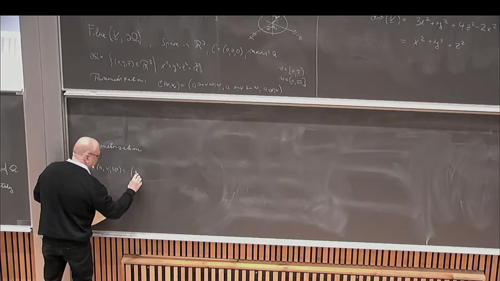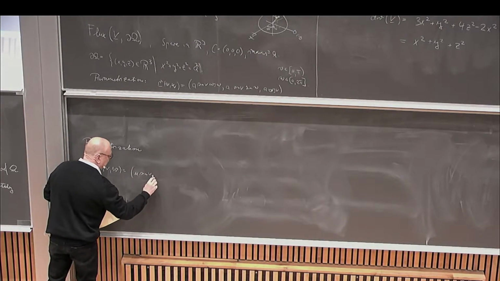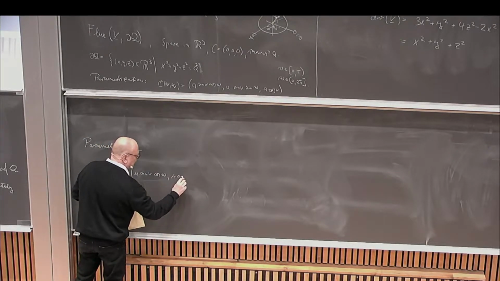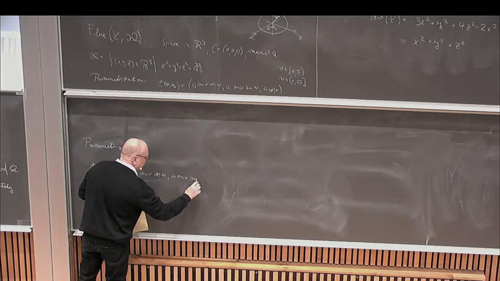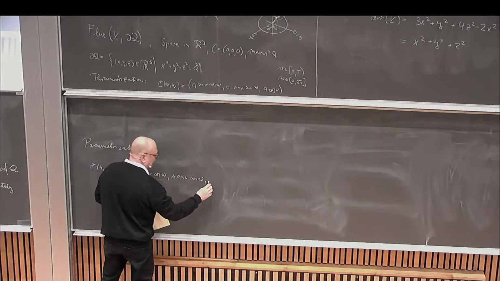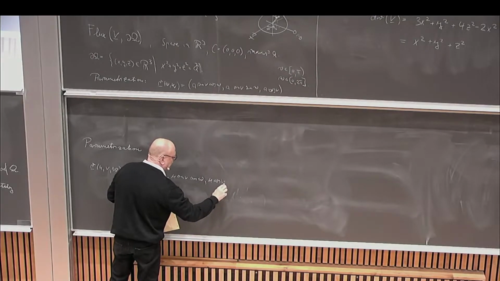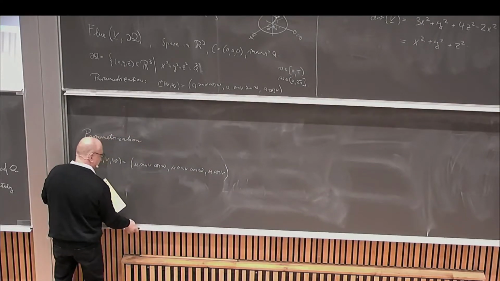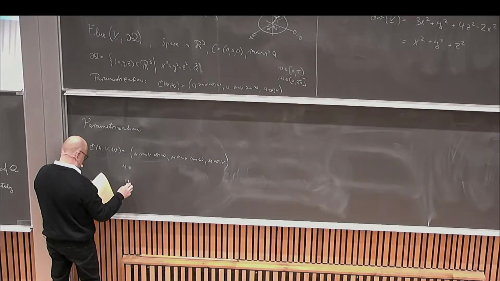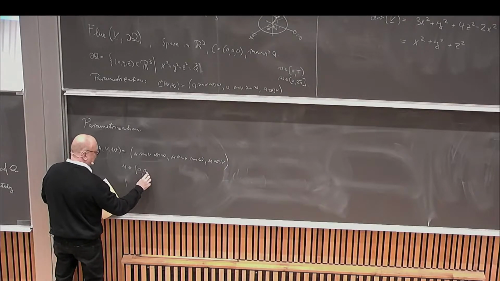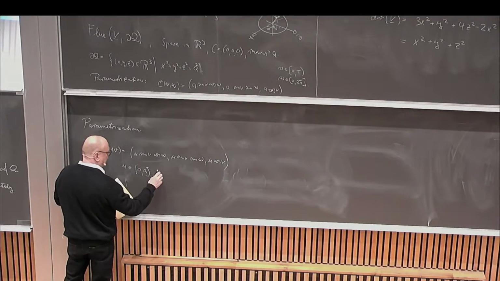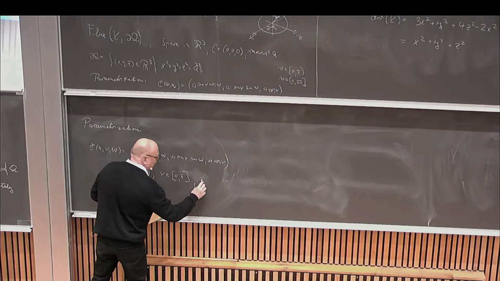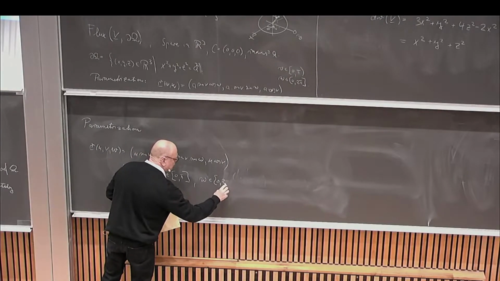It looks like this. You have u sine v cosine w, u sine v sine w, and then finally u cosine v. And your parameter u runs from 0 to a, and v still runs from 0 to pi, and w runs from 0 to 2 pi.